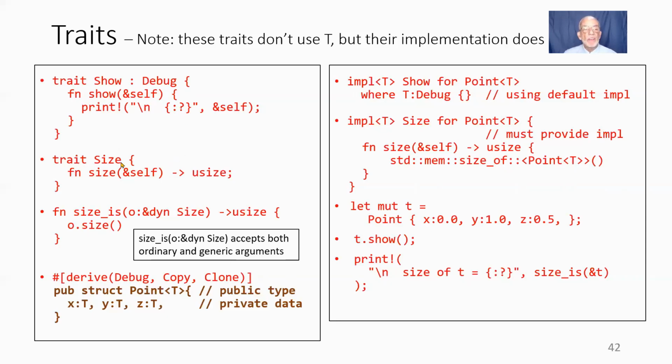And I have a size trait that just declares a method, doesn't implement it. And I have a function that accepts a trait dynamically. It'll use dynamic binding via the traits' virtual function pointer tables. And this sizes function will accept both ordinary and generic arguments.